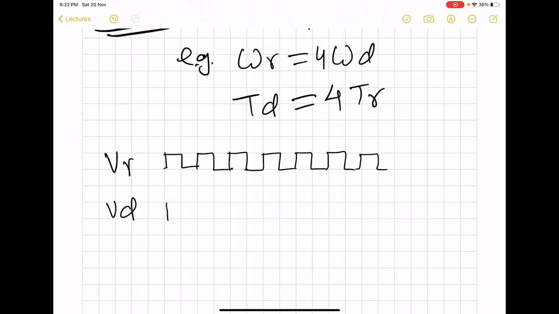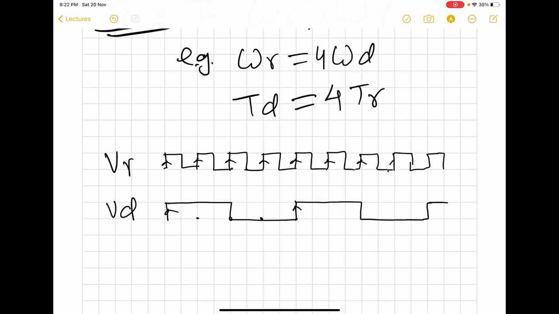So here we should have 4 clock cycles. So this is going to be our VD. Now it is these rising edges which are important, which will be used to process the state machine.